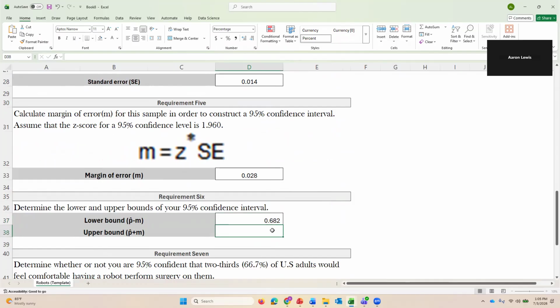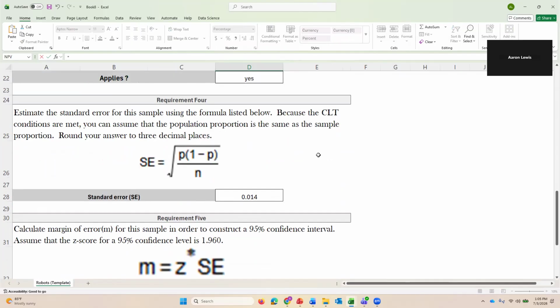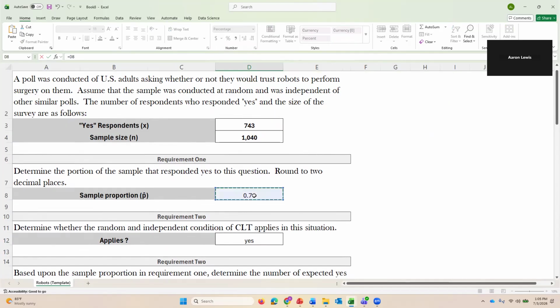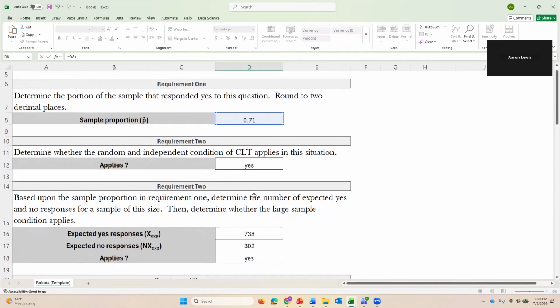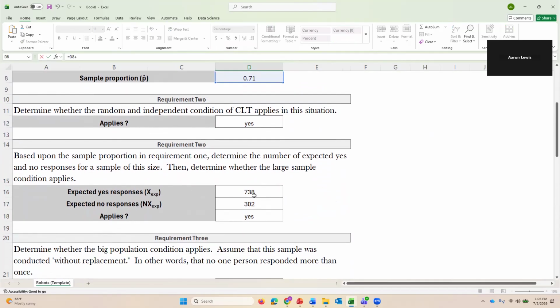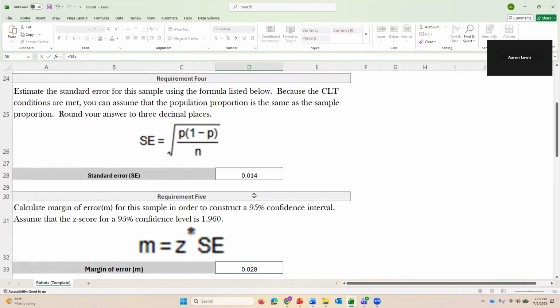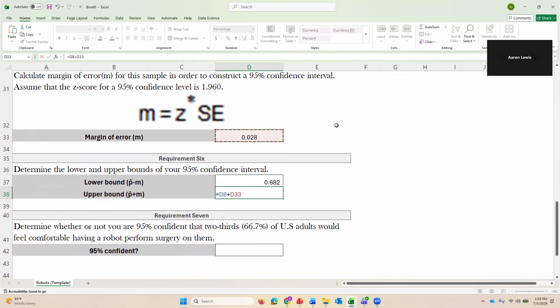The upper bound is going to be equal to that sample proportion plus our margin of error. And our margin of error is still, as soon as I scroll there, 0.028. And that comes out to 73.8%, or just like before, if I put it into a decimal, 0.738.